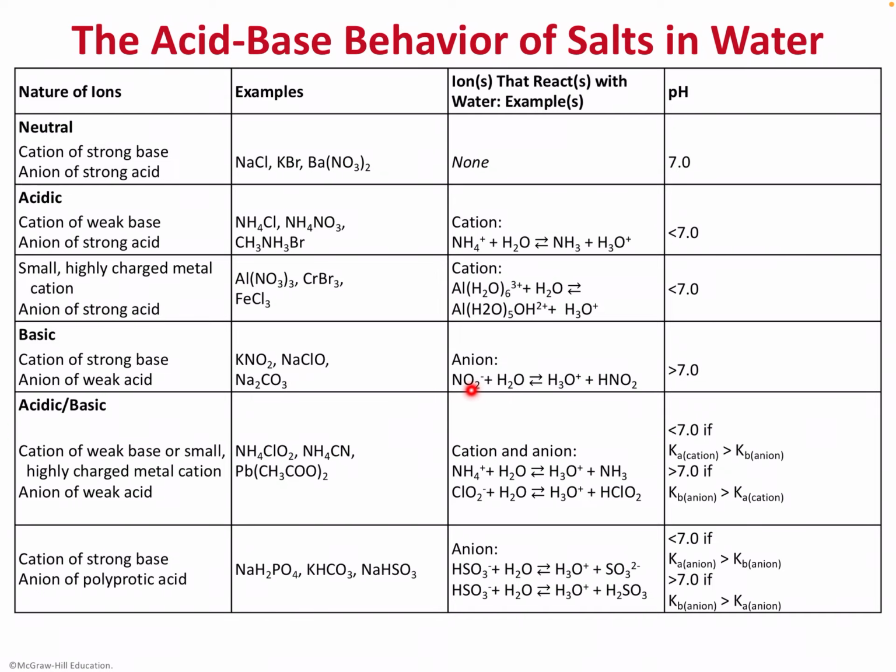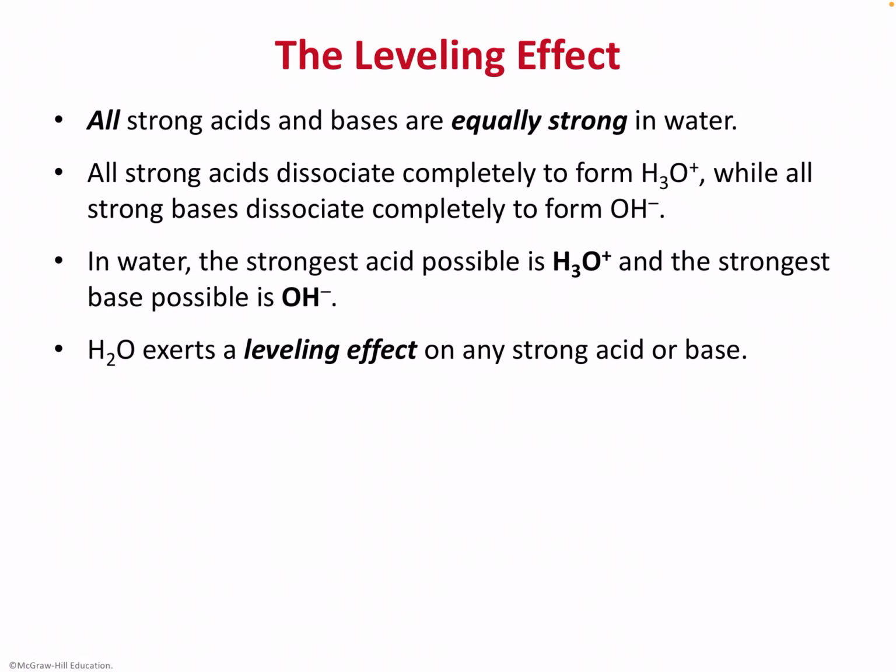For example, nitrite with water, NO2 minus plus water. This is going to take a hydrogen from the water molecule and become HNO2. If one of the hydrogens is lost from the water molecule, it would become hydroxide.